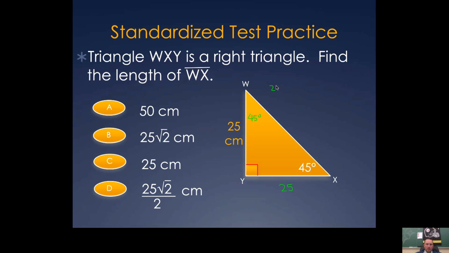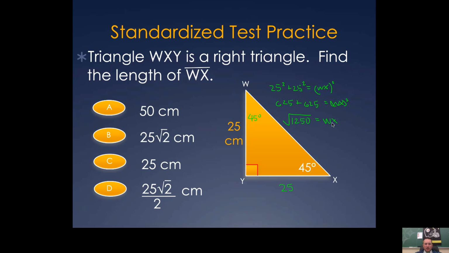Let's calculate the hypotenuse. That's the distance from W to X squared. 25 squared is 625. 625 plus 625 gives you 1250.